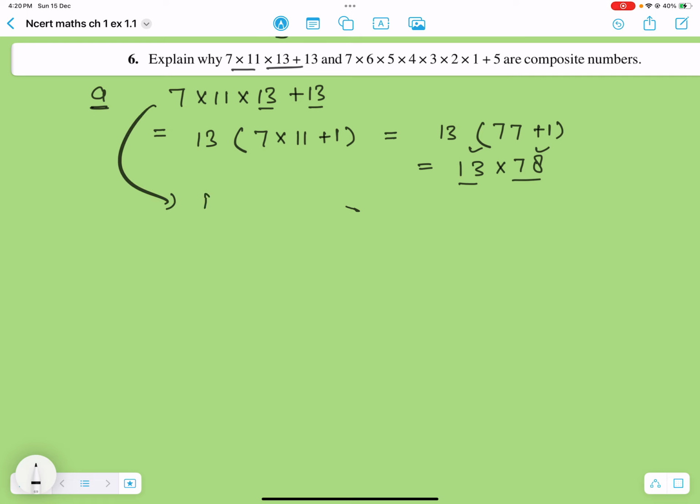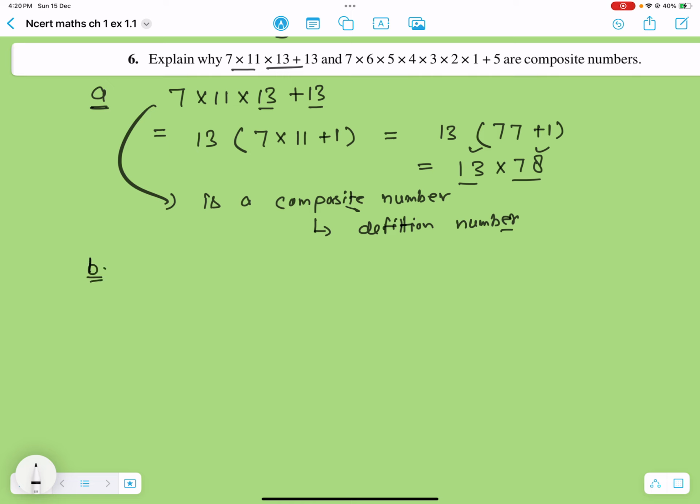On what basis have we applied this? We have just applied the definition of a composite number. The composite number definition is fulfilled for this expression, so hence we can easily prove this number is a composite number. Similarly, we need to do it for the other expression as well.